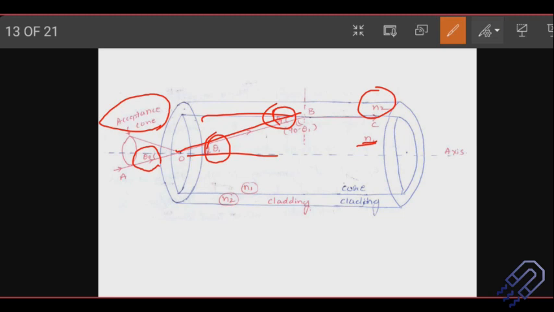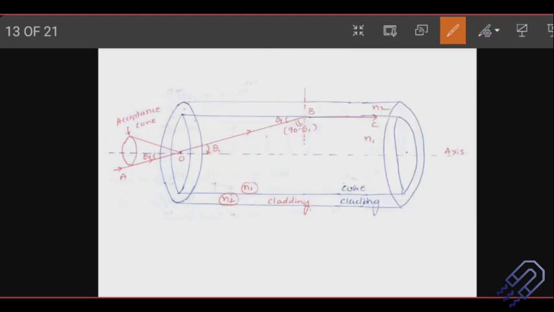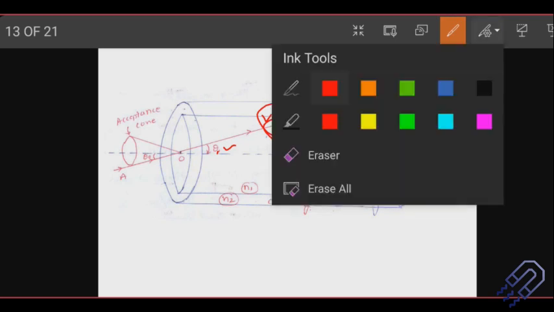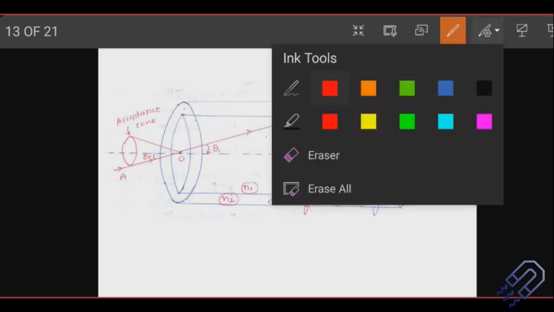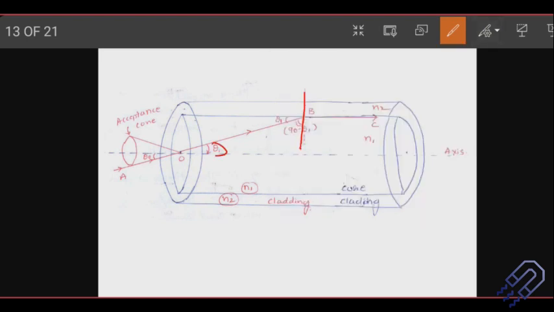If the ray of light is incident at an angle theta 1 such that it passes along the surface, then this would be nothing but the critical angle. So which is the critical angle here? It is 90 minus theta 1, because at this interface we have the normal, and we have theta 1 here, so this angle would be 90 minus theta 1.